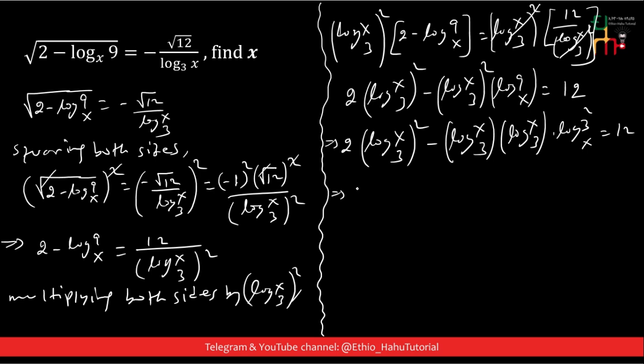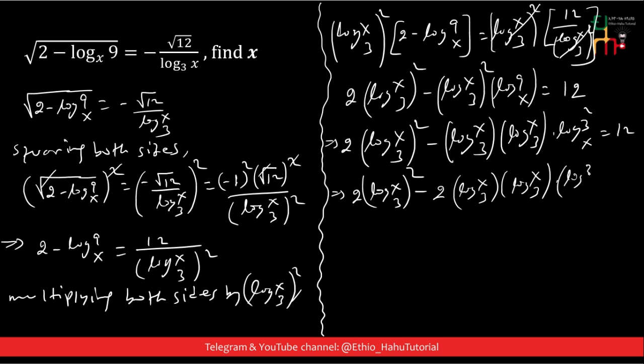This implies 2 times logarithm of x to the base 3 squared minus 2 times logarithm of x to the base 3 times logarithm of x to the base 3 times logarithm of 3 to the base x is equal to 12.